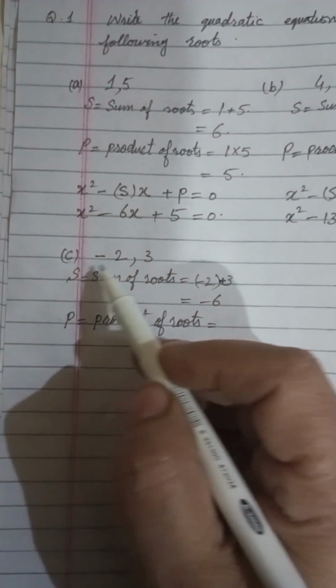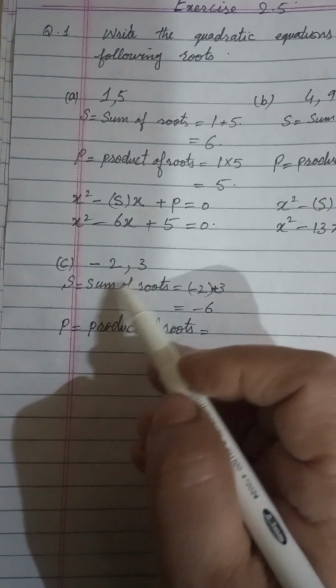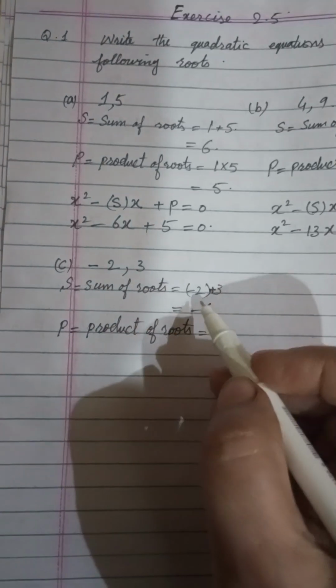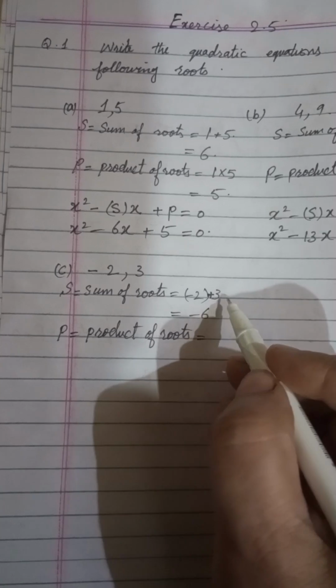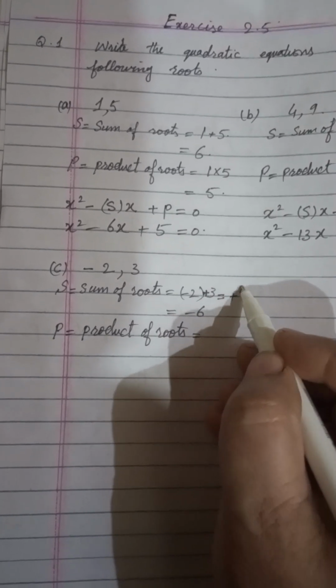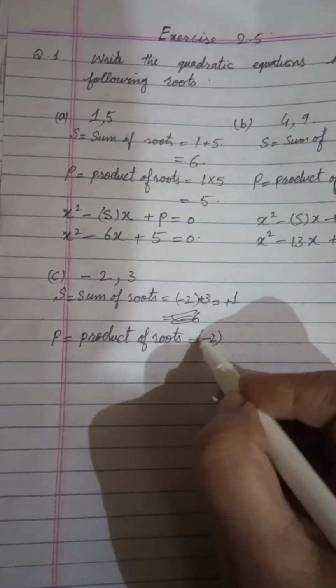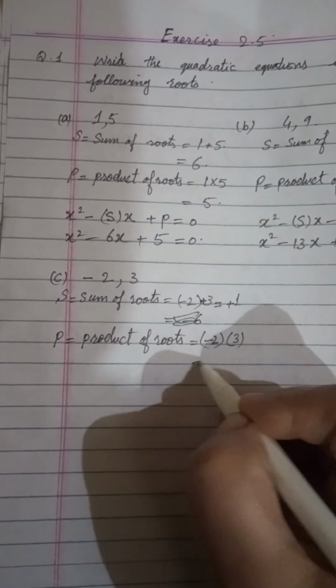Part C, there are two roots, -2 and 3. The sum of the roots is -2 plus 3, which is equal to +1 is answer. Now product of the roots is equal to -2 into 3 is equal to -6.